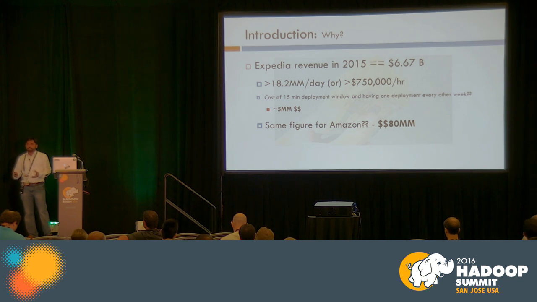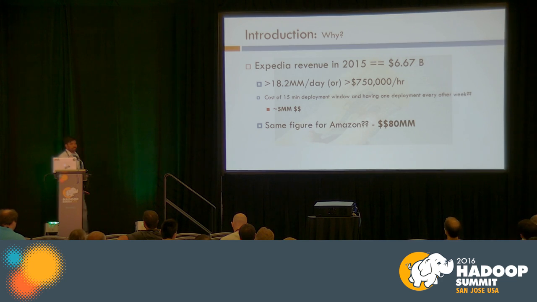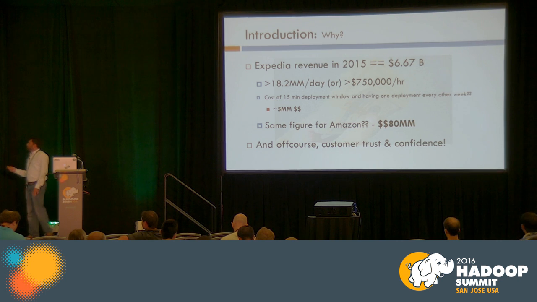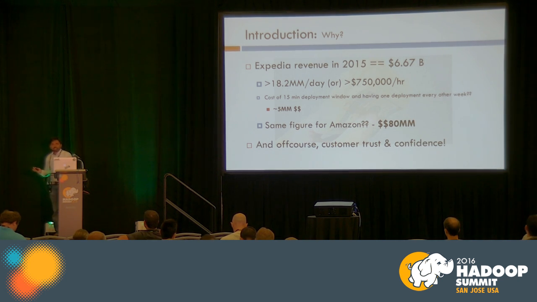Anybody who follows Amazon would know that would be the difference between them reporting their EPS in red or green. Even if you discard all these metrics, there's one other metric that could keep your CTOs and CIOs up all night, and that's customer trust and confidence.